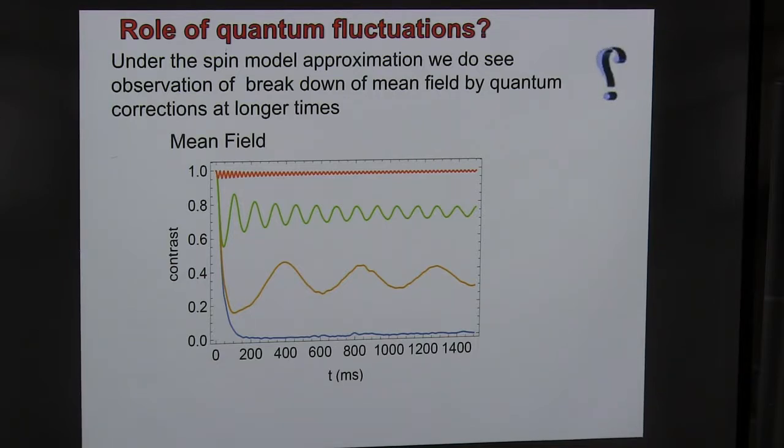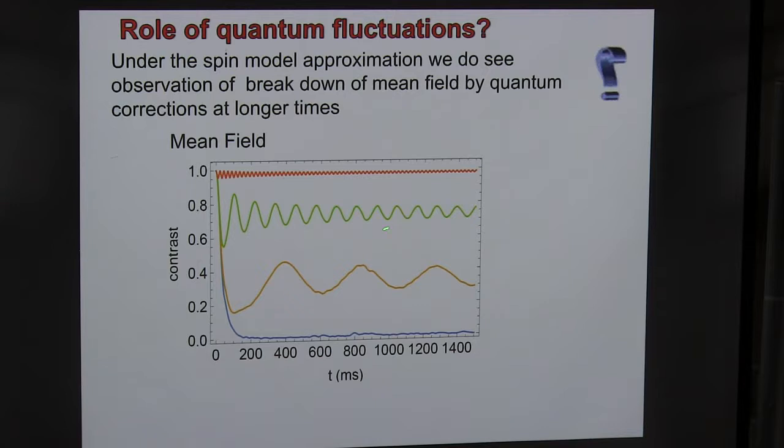Now the last part that we are asking ourselves is what actually is the role of quantum fluctuations. So far I've been discussing that the spin model and the mean field treatment of the spin model was producing a good formulation of the dynamics.